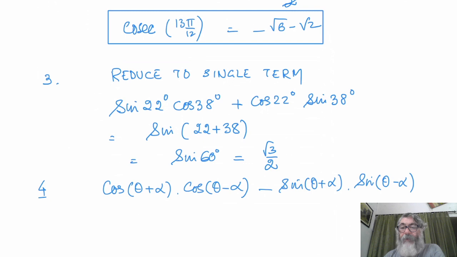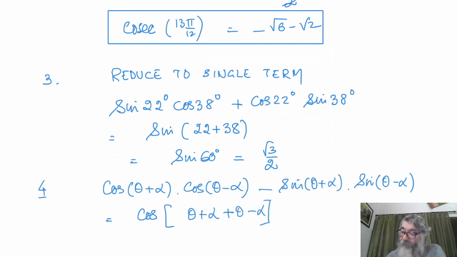This is cos A cos B minus sin A sin B, so it will become cos A plus B. So it will become cos of theta plus alpha plus theta minus alpha.